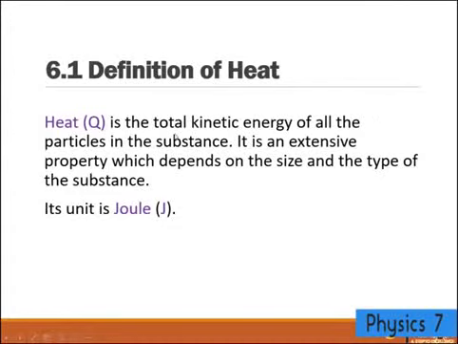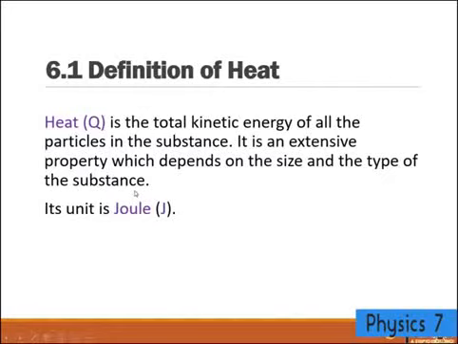So it's the total amount of energy of all of the motion which is going on inside of a substance. And heat depends on the size and also the type of the material or substance. So we can say that heat is an extensive property because, unlike temperature, heat does depend on the nature and the magnitude, the size of the substance.